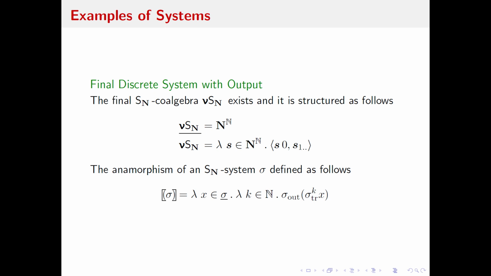It is very interesting that in this case the carrier of the final coalgebra is a set of notification streams, and the image of any state under the action of the anamorphism coincides with the stream generated by the system if this state is the initial state of the system.